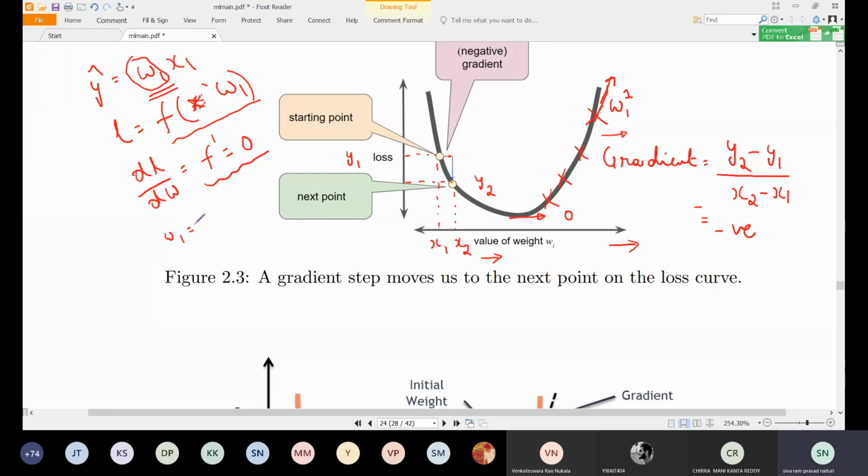If you solve this equation, you will get the optimal value of weight. So that is how you calculate the optimal value of the weight mathematically. You are given a function, say in mathematical terms, suppose you are given a function y is equal to 2x square plus 3.